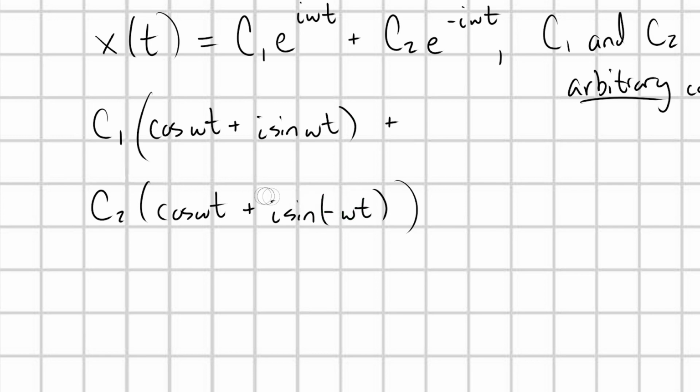And of course, similarly, we can rewrite this as minus i sin ωt, just by trig identities. Oh, and let me just write this nicer.